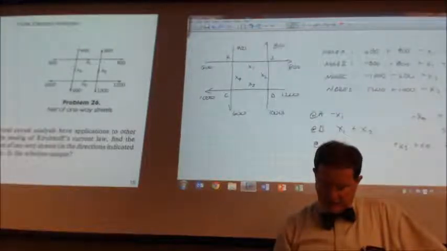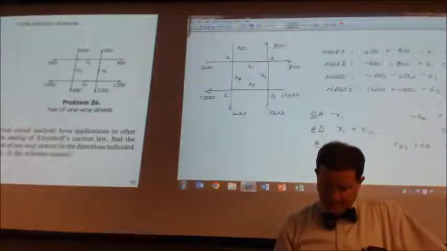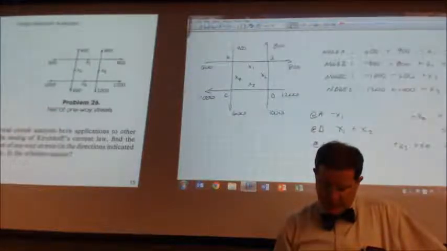And that's 1,600, not 2,200, right? And D is going to be x3, no, x2, negative, and this is a minus, equals.